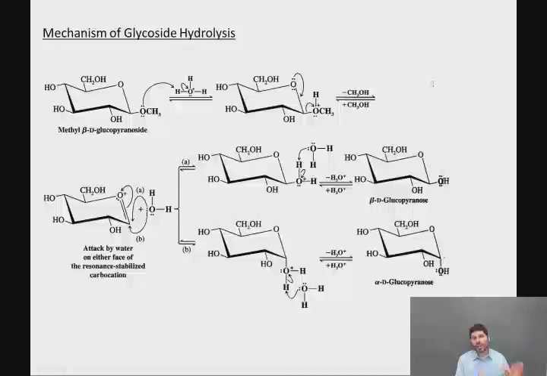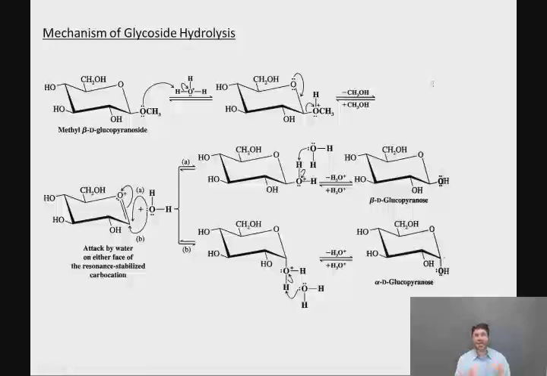Can you protonate in other places in this molecule? Yes. Will that get you to where you want to go? No. So to get to where we want to go, we need to protonate the OCH3. You've protonated it and made it into a better leaving group, and now it will leave as neutral methanol. This leads to the same resonance stabilized oxocarbocation that we saw previously in the middle of the mechanism of glycoside formation.